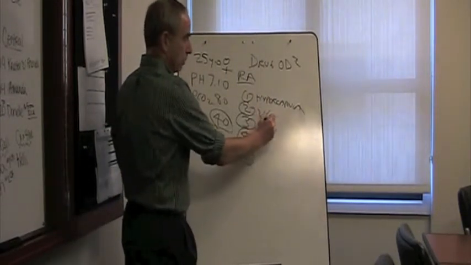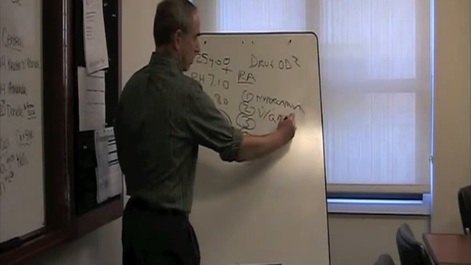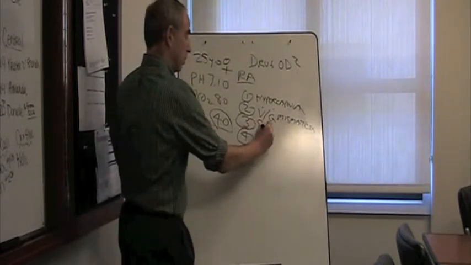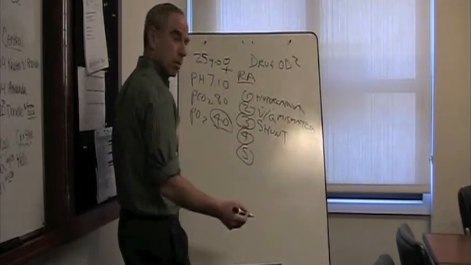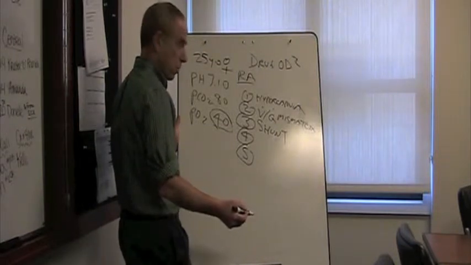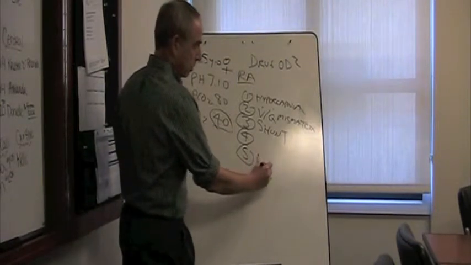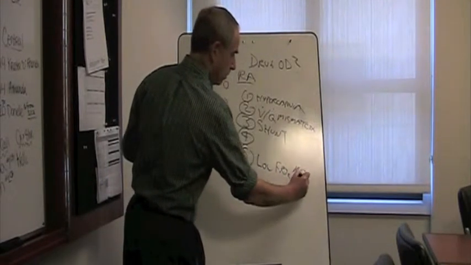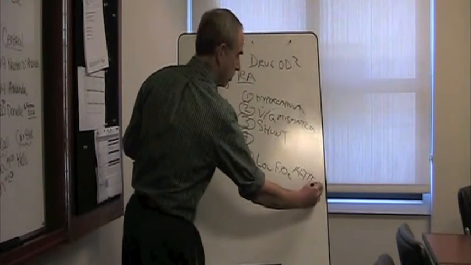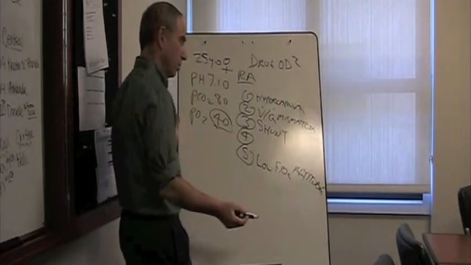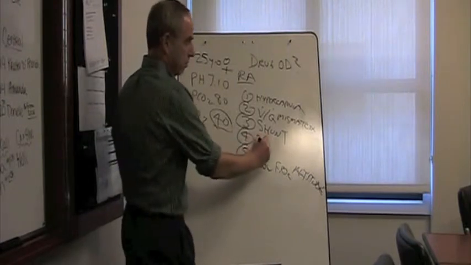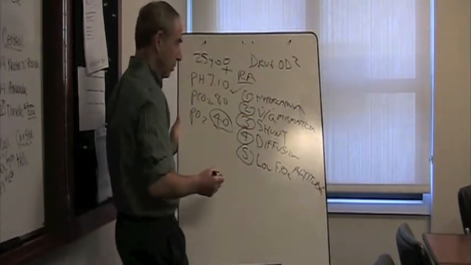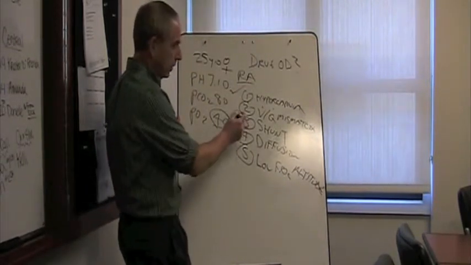V/Q mismatch. Low FiO2, which is basically altitude. And what's the fourth one? There's one more. Diffusion abnormality. Okay, so we talked about hypercapnic respiratory failure. That's a cause of hypoxemia.